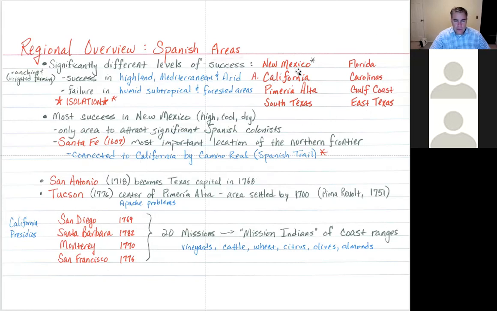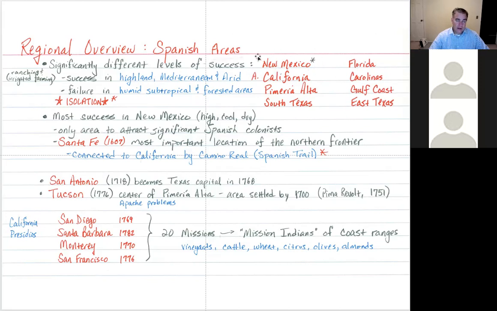New Mexico, of course, was the area where Spanish farmers, and these were mostly New World born Criollo white Spaniards and their families, moved to the upper Rio Grande Valley. They were provided some good opportunities up in the upper Rio Grande Valley after the Pueblo Revolt in 1680, right?